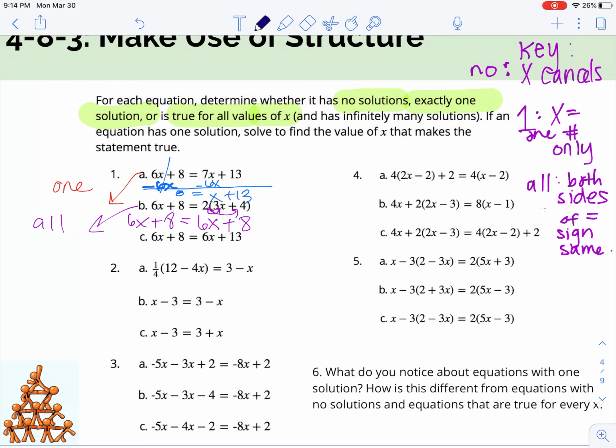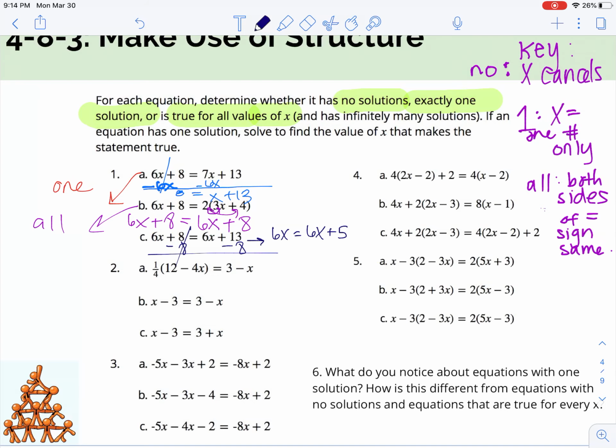So I'm going to say, okay, I'm going to minus 8, like this, right? Goes away. Then I'm just going to draw an arrow and do this here. So 6x equals 6x plus 5, because 13 minus 8 is 5.